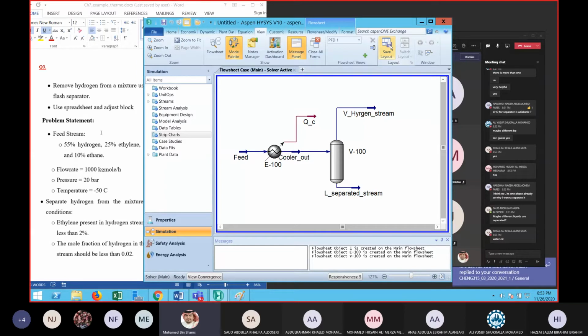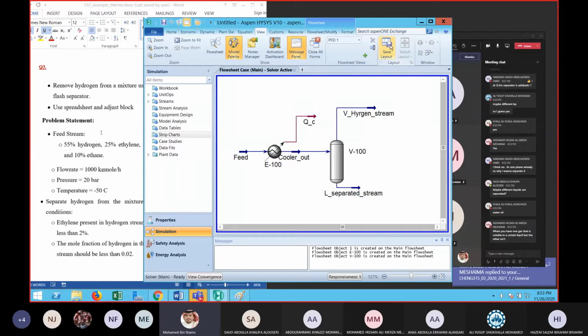Okay, imagine this phase contains two components. If they are in the vapor phase, it means that they are together. They are not separated because they are in the same phase.